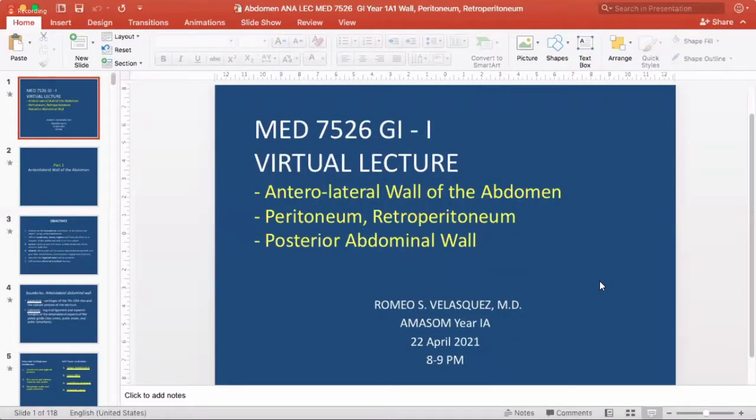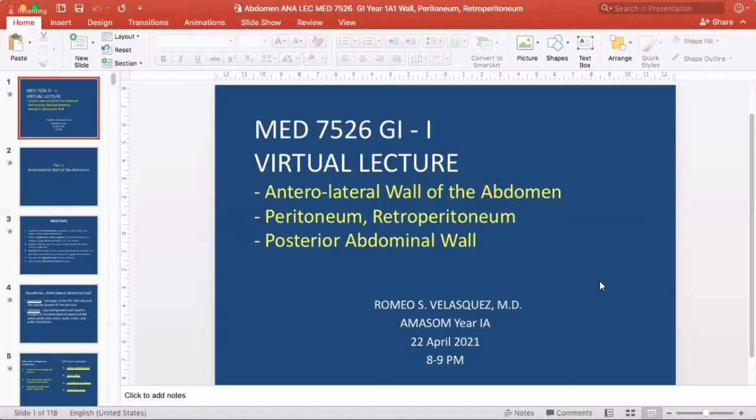We'll be taking up the anterolateral wall of the abdomen, and these are your objectives. As in any anatomy lecture, you will have to know the surface anatomy, and part of the surface anatomy will be the quadrants, the zones, the regions of the anterior abdomen.